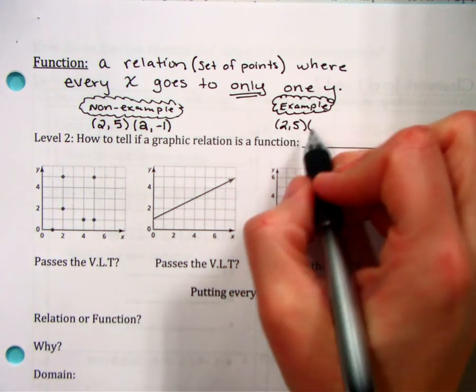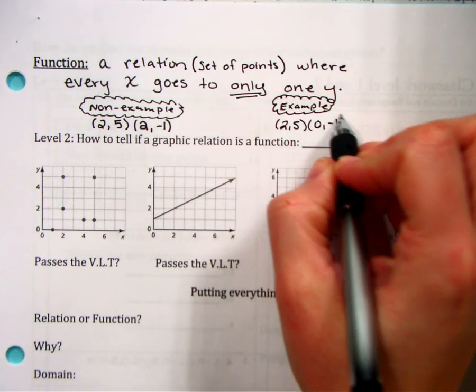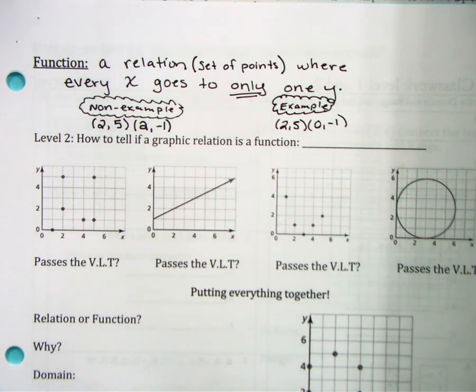So we'll pick (0, -1). That would be a function. It's okay. 2 just goes to 5, doesn't go anywhere else. 0 just goes to -1. Each x value is paired up with one y value. Here, the x value of 2 was paired up with 5, and it was paired up with -1. Can't do that. Okay?